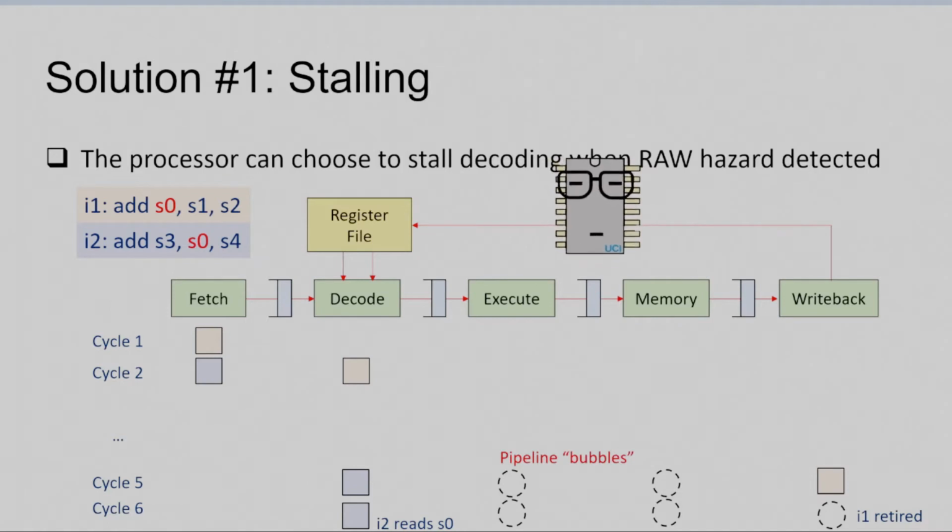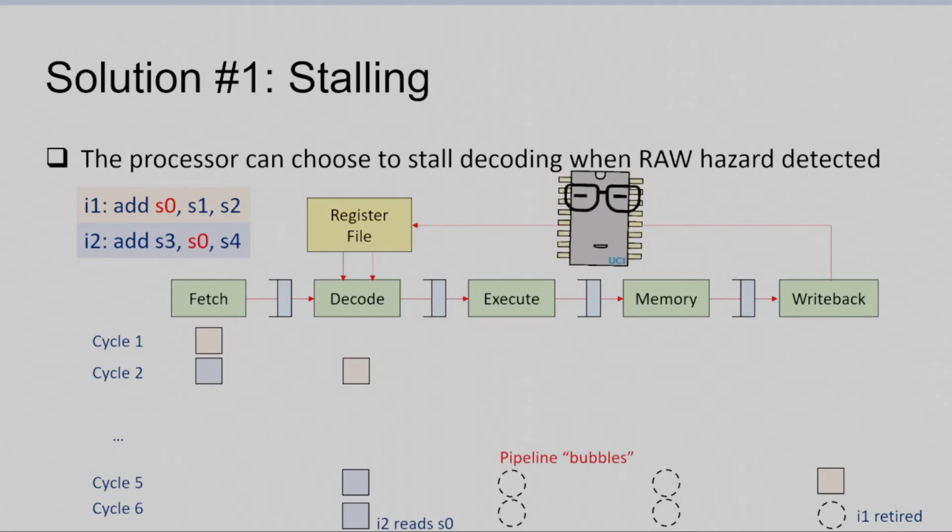So in simpler English, if any previous instruction that is still inside the pipeline, not yet retired, writes to S0, and the current instruction in the decode stage wants to read from S0, the processor is going to keep it inside the decode stage until all the instructions in the pipeline that want to write to S0 have been retired.